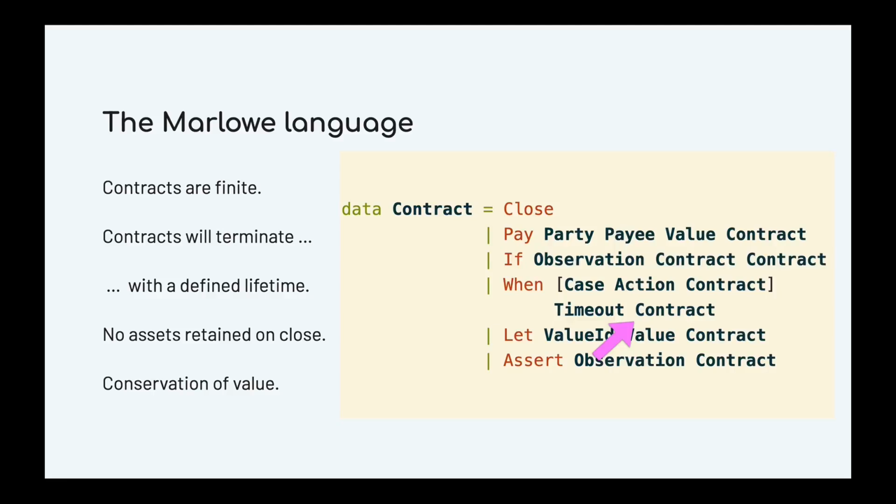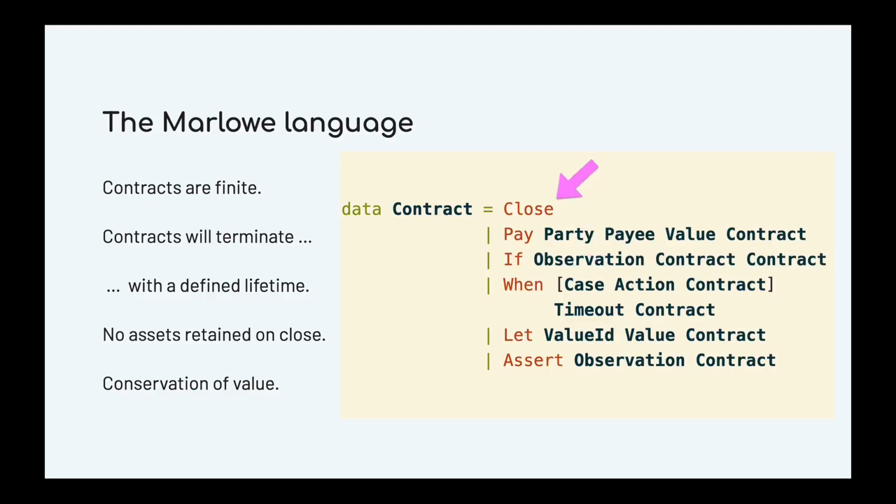So we can guarantee that something will happen in this construct, either because one of the actions triggers a successive contract, or we simply hit the timeout and go to that continuation. So we know by the time we hit the timeout, something will have happened. We can't sit there waiting forever.